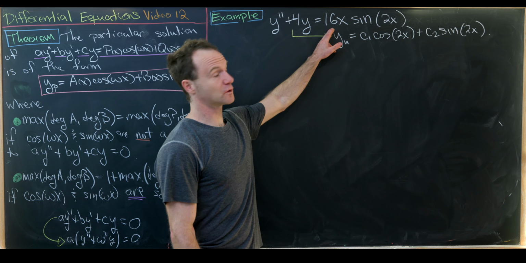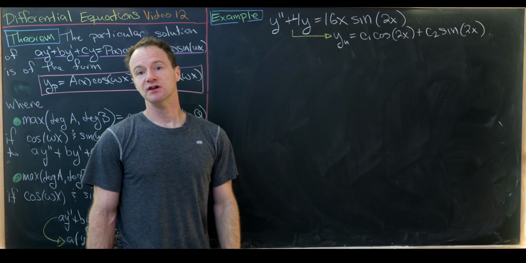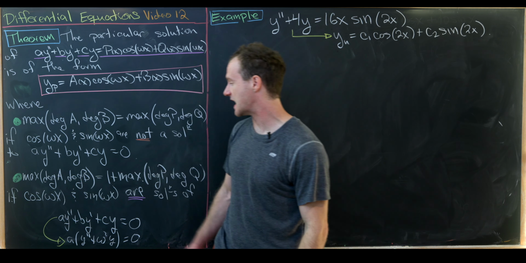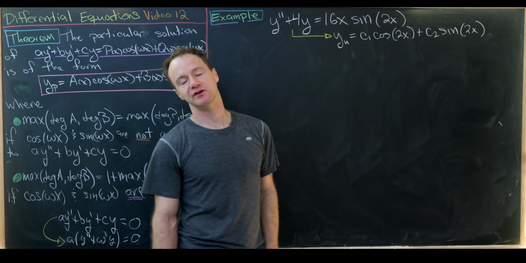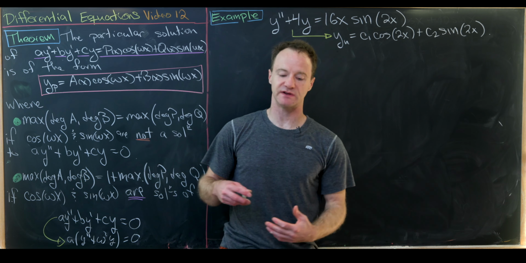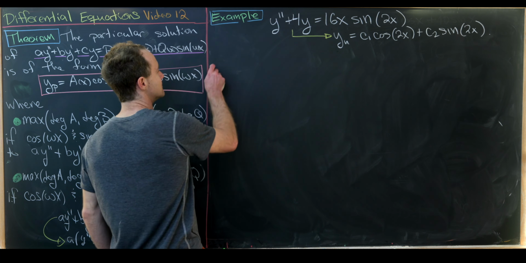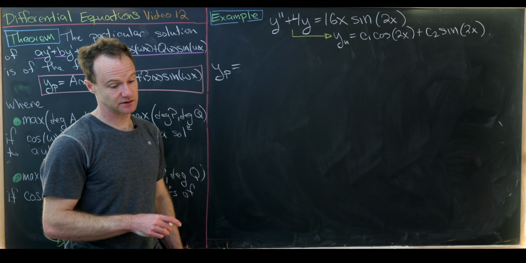So notice our forcing function here is 16x times sine 2x. So that means for our choice of the degree of polynomials a and b, we need 1 plus the maximum degree that we see here, which is 1. So that means we need to look at quadratic polynomials. So that motivates the following guess for our particular solution.